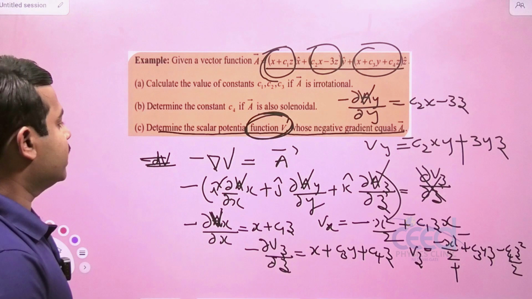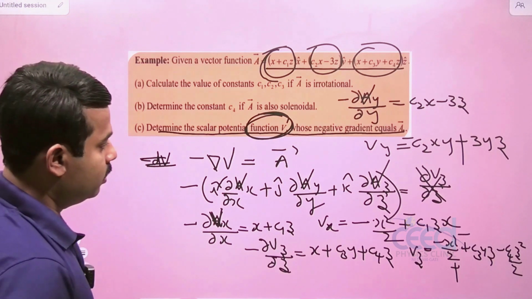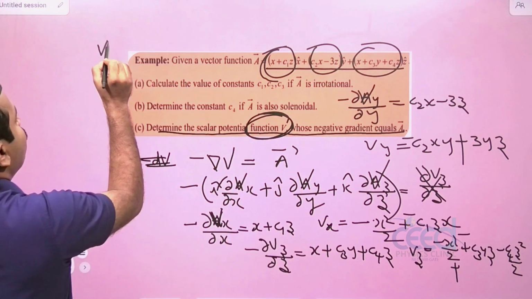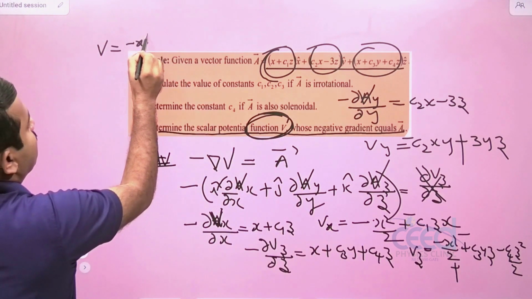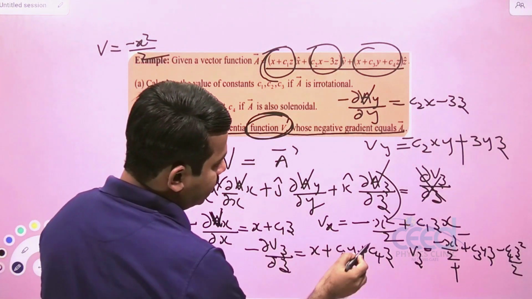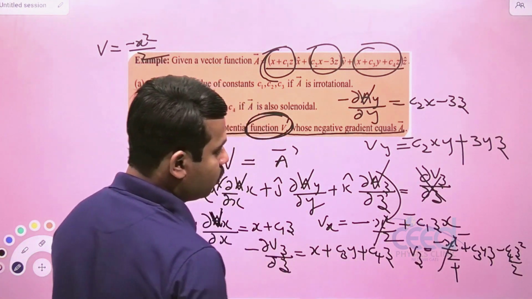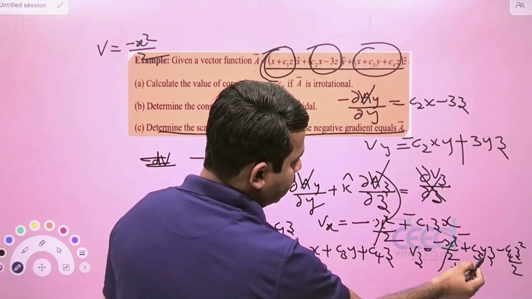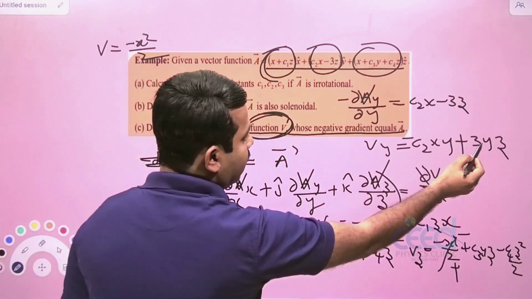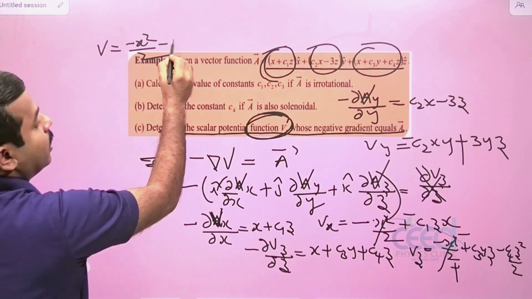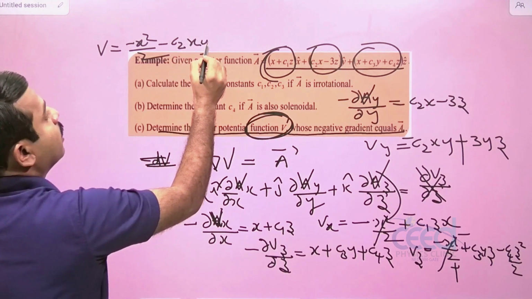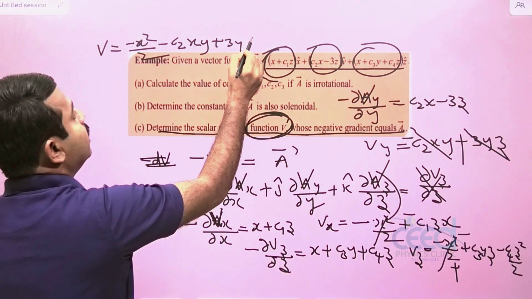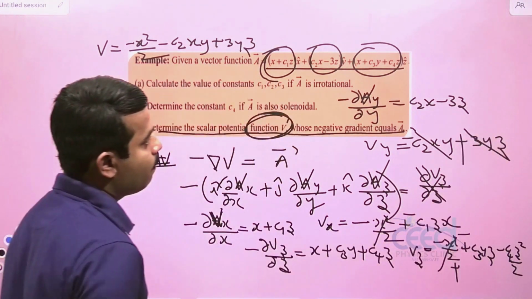Now Vx, Vy, Vz you have seen. Here minus x square by 2 is there, so our full function is first one minus x square by 2, that is coming here and here, so the common we cancel. Now C2xy we cancelled. Here 3yz plus 3yz, so this also we cancelled.